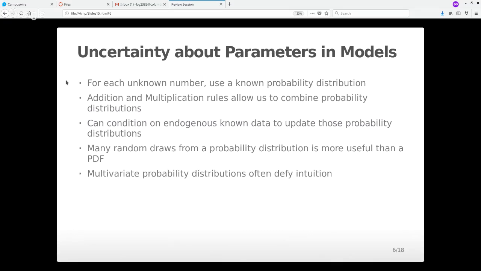And so it can cause people to come to a lot of wrong conclusions. And so one way to avoid that is just take the draws and pump all those draws through whatever function is of interest to you, and then look at a margin or whatever it is that you want to do with that.